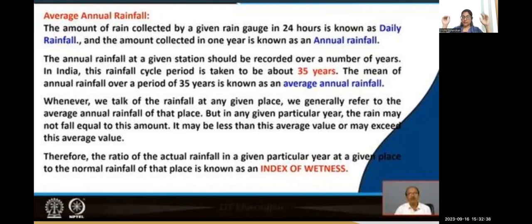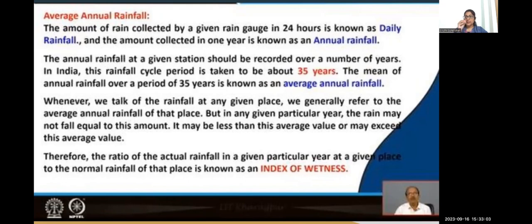So the annual rainfall value collected for each year is averaged, and the value obtained is called the average annual rainfall, or another term used for it is the normal rainfall. So the average annual rainfall is nothing but the average of the annual rainfalls collected for a particular 35-year period.